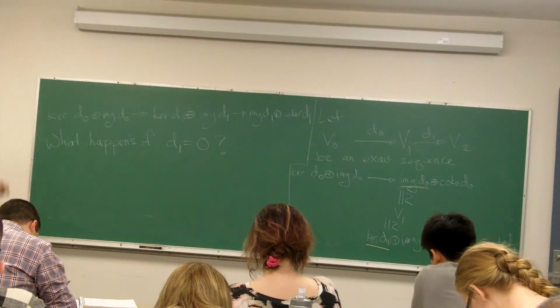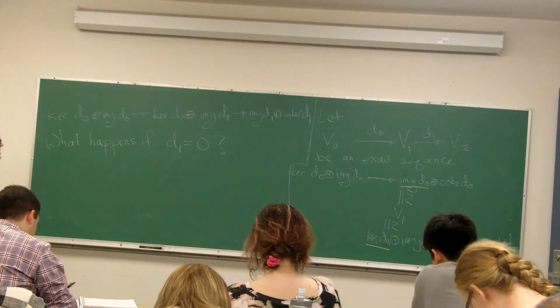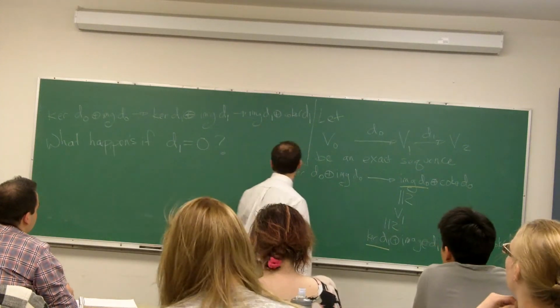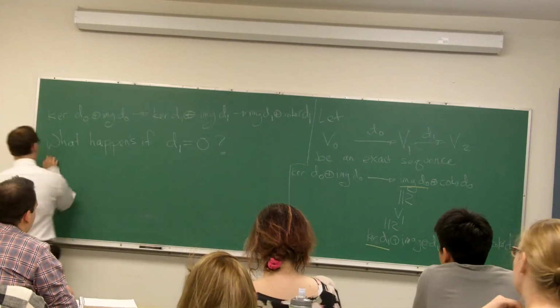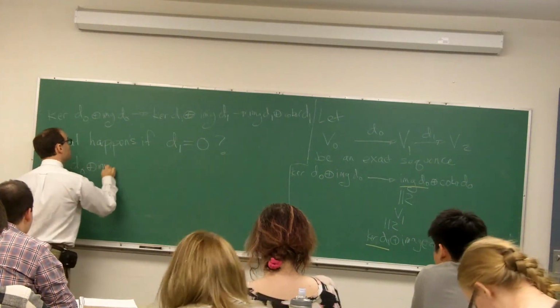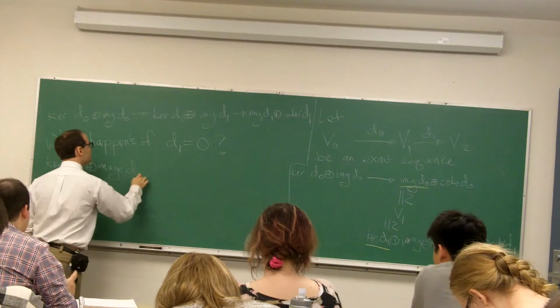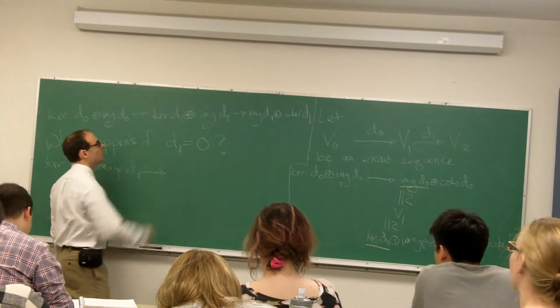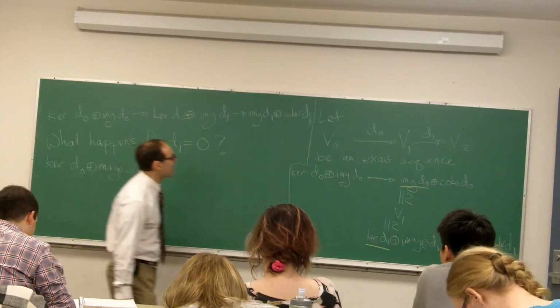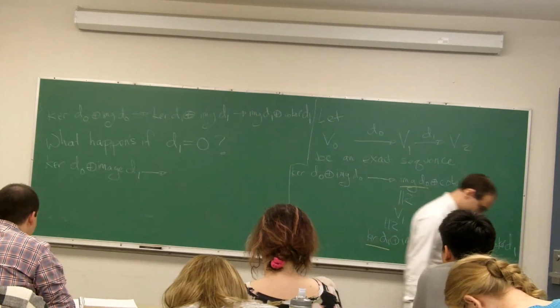The image of D1 is then 0. So let's follow this through. So the kernel of D1 is what? All of which space?